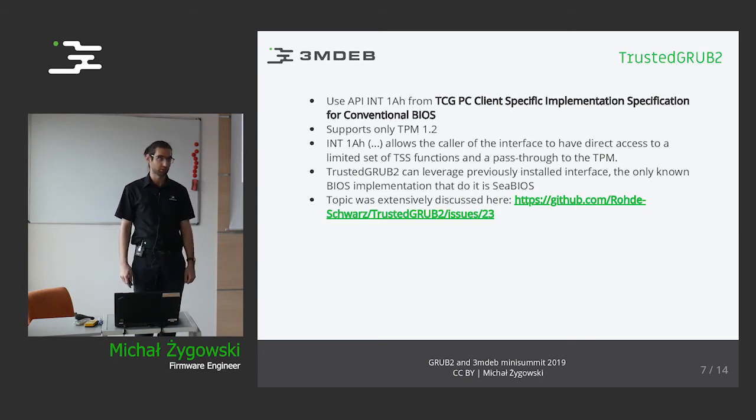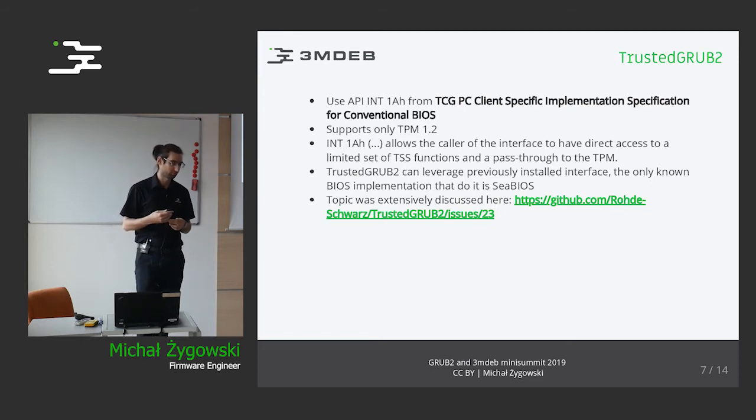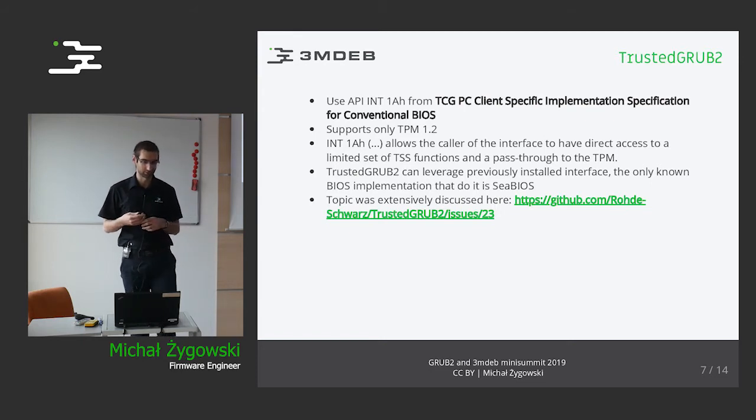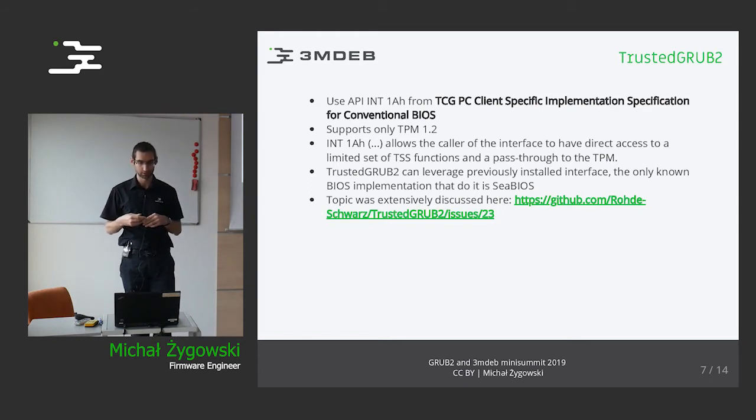However, SeaBIOS has implemented it to be transparent for both TPMs. It has a quite well abstracted interface that covers the TPM family and just provides the unified API, for example, for extending, etc., etc. However, it introduces some small inconveniences, which I will also explain in a moment.